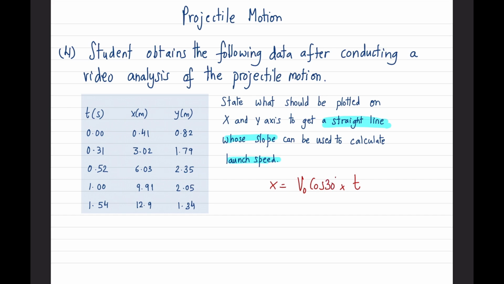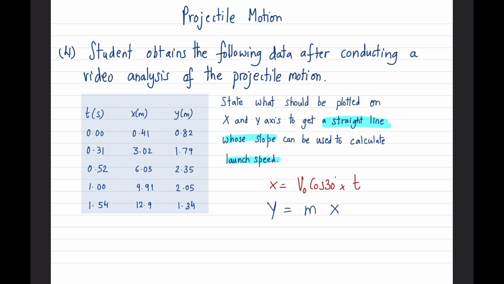And then now we want to see what is the data given to us. Do we have the data for time? Yes, we have the data for time. We also have the data for x. So the straight line equation is y equal mx.